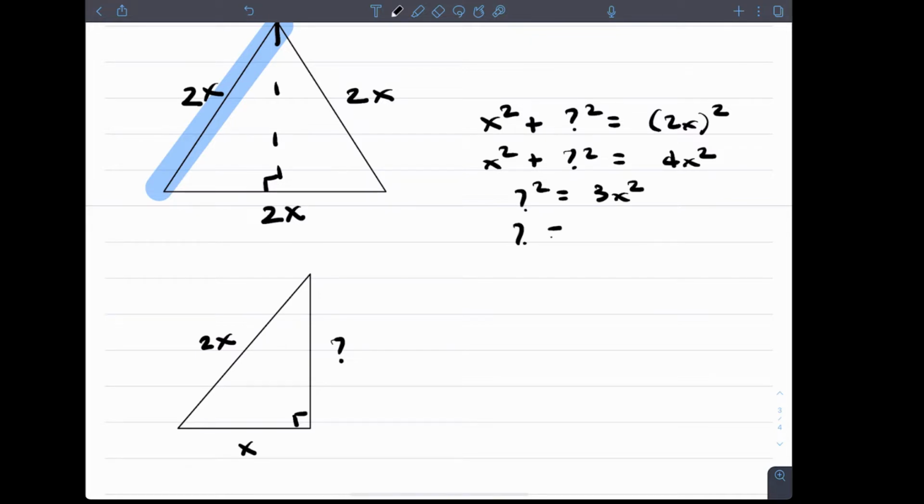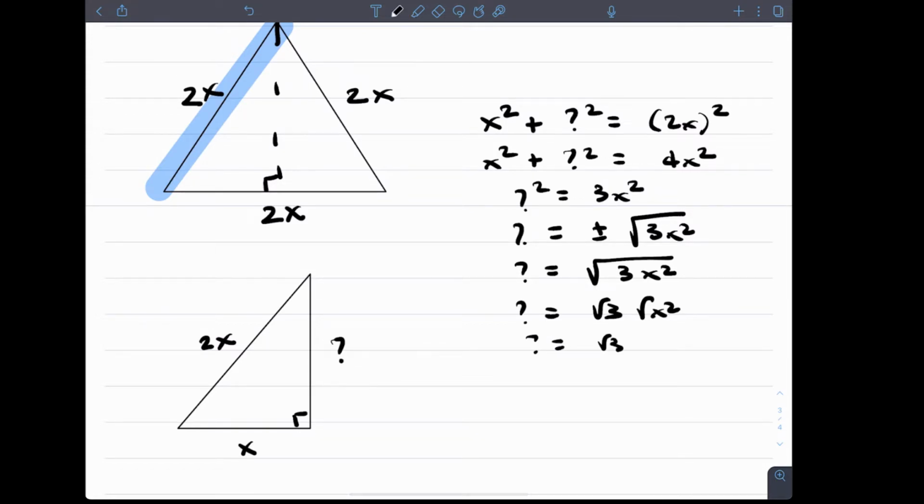That means a triangle becomes plus or minus square root 3x squared. Again, distance is positive, so that question mark is positive. And then use properties of exponents to simplify your radical, which is square root of 3, square root of x squared, which is square root of 3x, or we say x square root of 3.